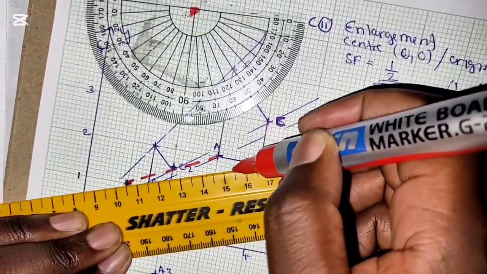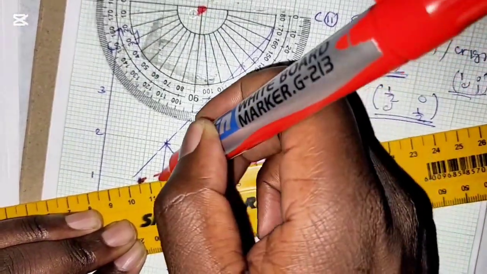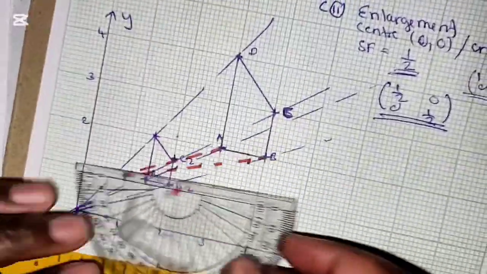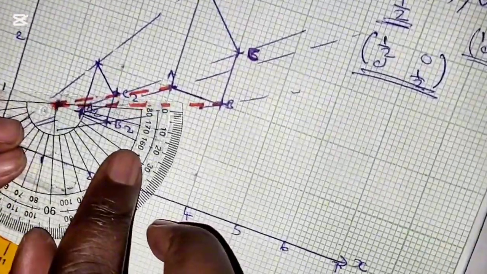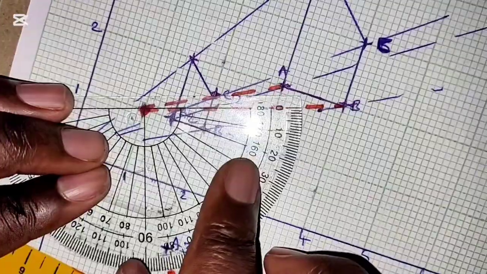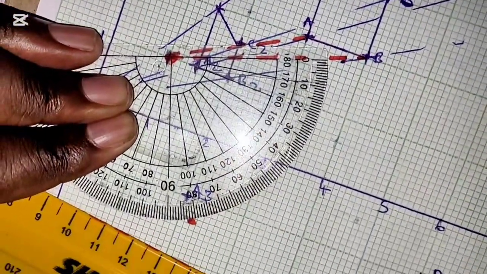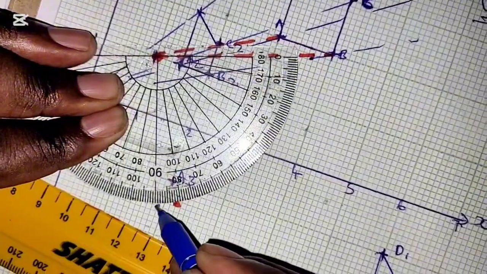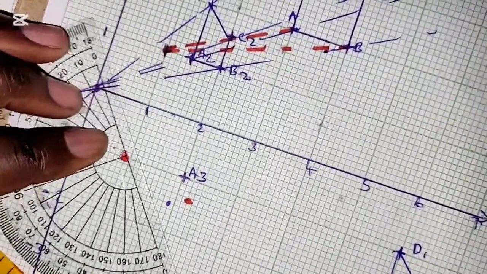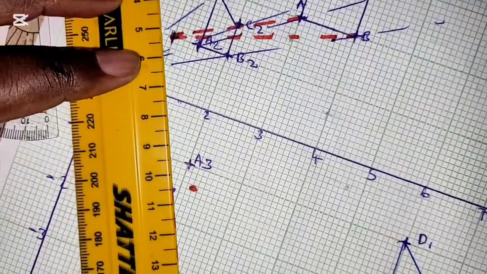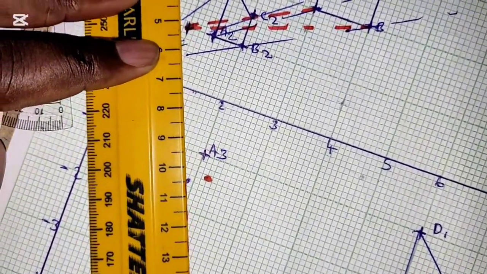Then I'll take my protractor again, then align it from the center to point B. The 90 is somewhere here. Then I can take my ruler to guide me so that I won't get lost.